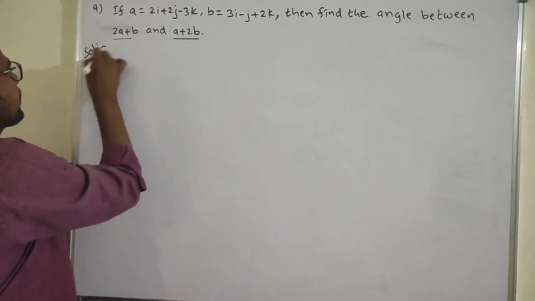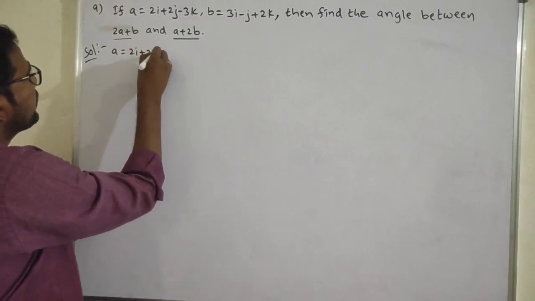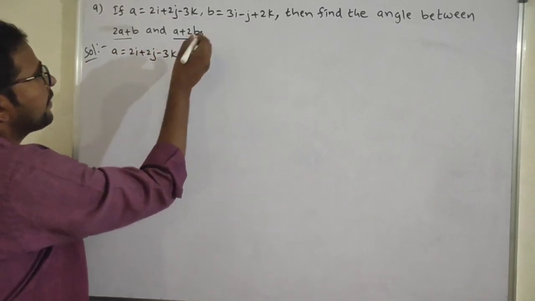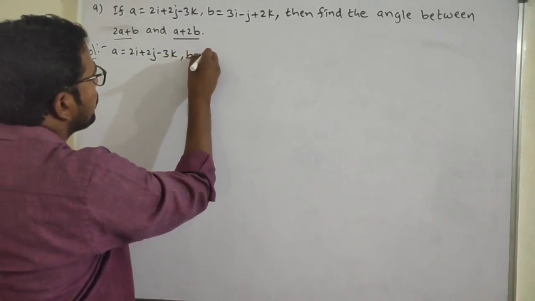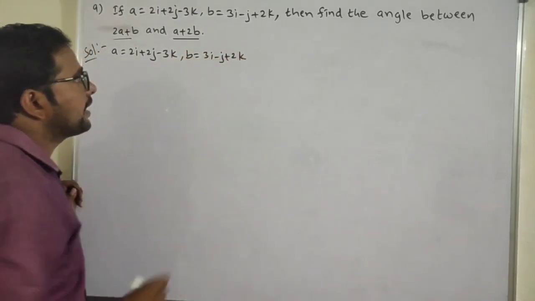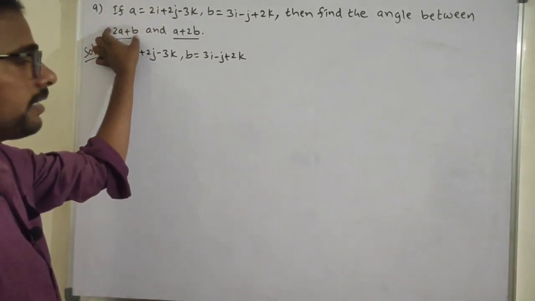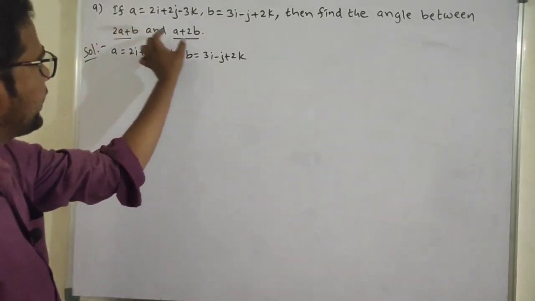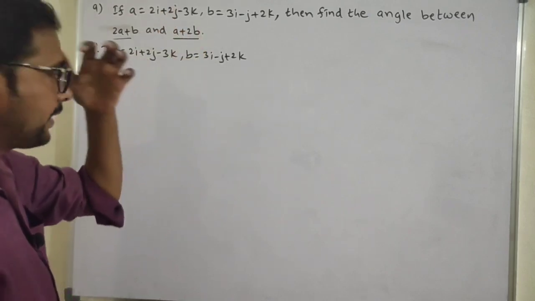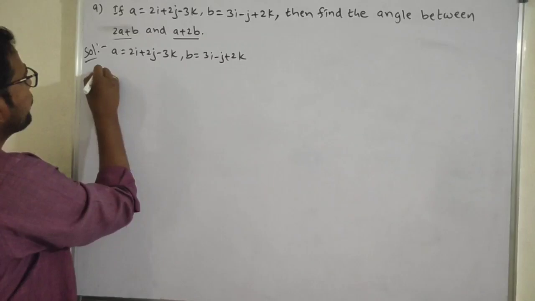Vector a is 2i plus 2j minus 3k, and vector b is 3i minus j plus 2k. We have to find the angle between 2a plus b, which we treat as one vector, and a plus 2b, which is another vector. Okay? First, find 2a plus b.